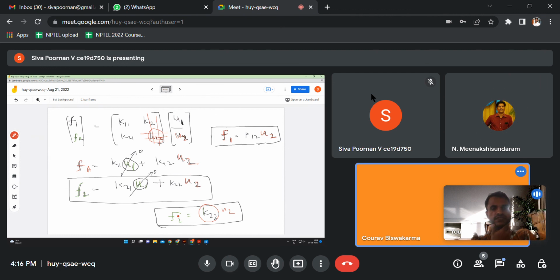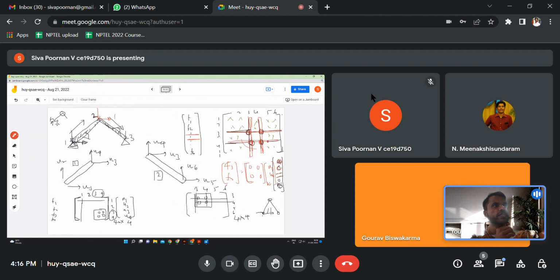So this now answers the question of how we are able to just take one submatrix and solve for the unknown displacements through known forces, right? This is the question that we had initially asked. The question was how we are able to just eliminate everything and then take only those columns and rows pertaining to the unknown displacements and use those forces to find out the displacements.